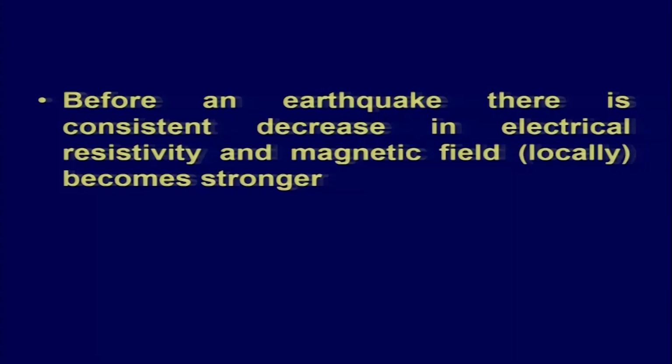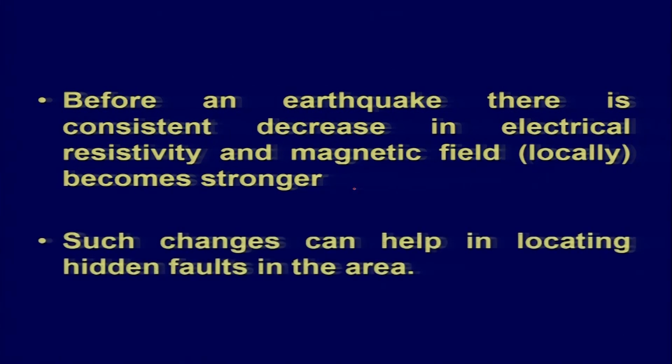Before an earthquake, there is a consistent decrease in the electrical resistivity. This is another important parameter which people have tried to record, and also the magnetic field locally becomes very strong.